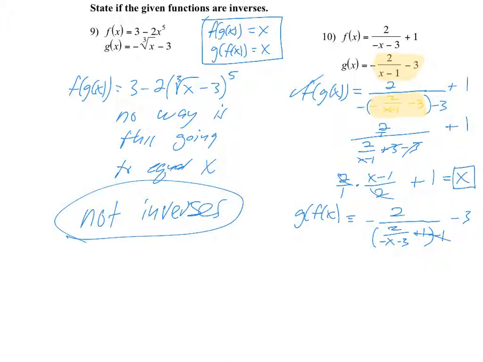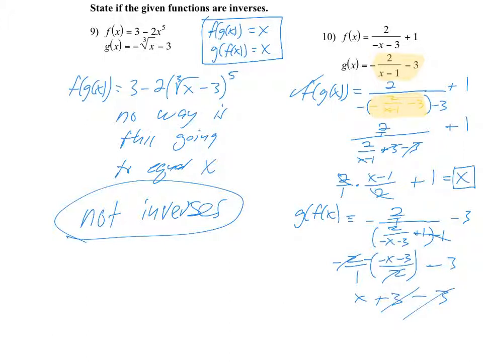Okay, so now we're going to do this. Remember, this is like negative 2 over 1. So negative 2 over 1 times negative x minus 3 over 2 minus 3. Negative 2 over positive 2 makes this negative 1. Distributing this, we're getting x plus 3 minus 3.